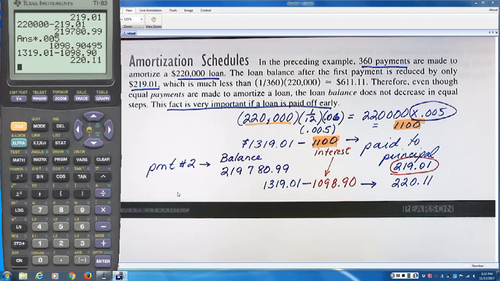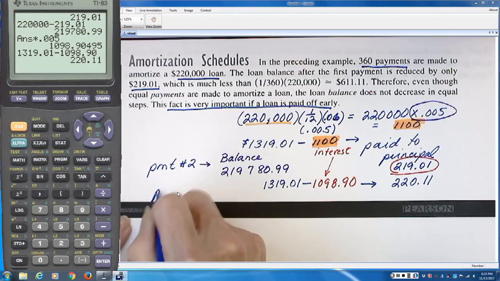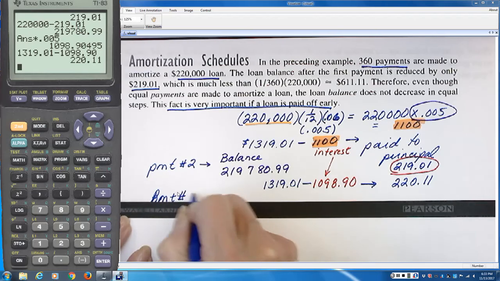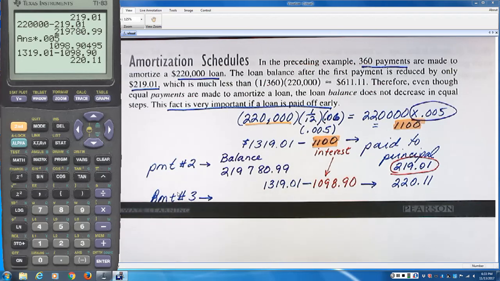And then you do that again. Every month you do the same thing. Payment number 3. Your new balance now is, let's see, $219,780.99, and we can subtract off $220.11.